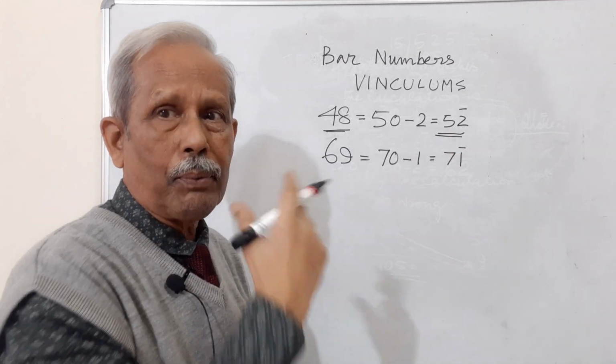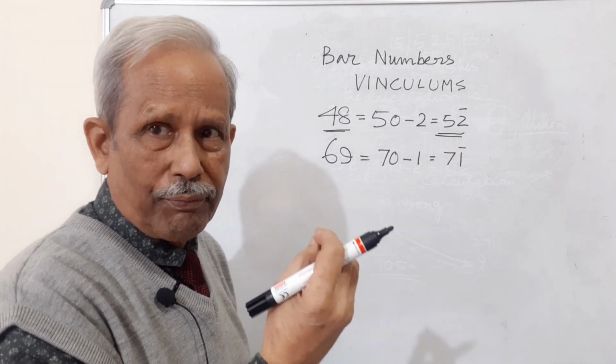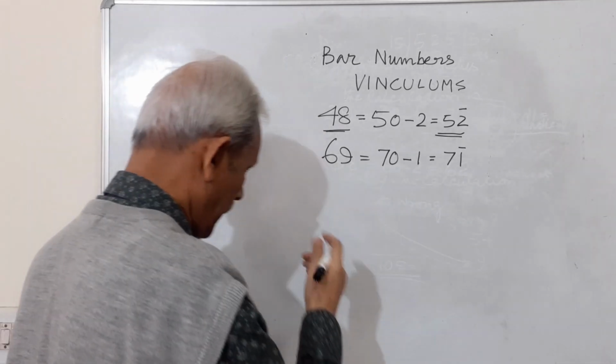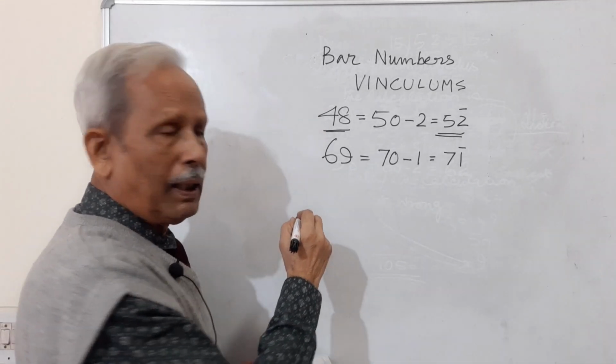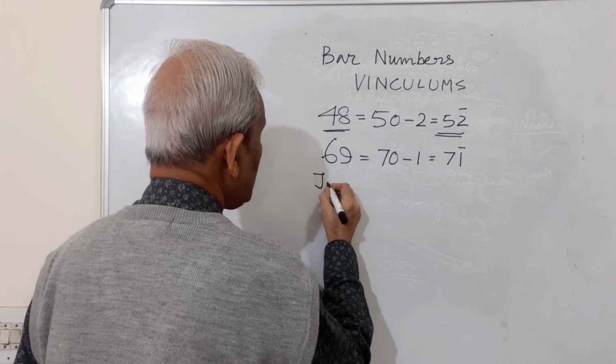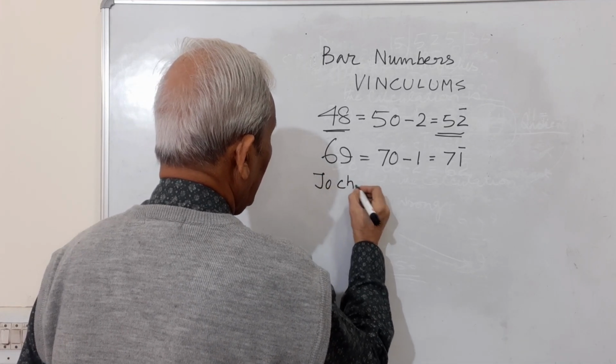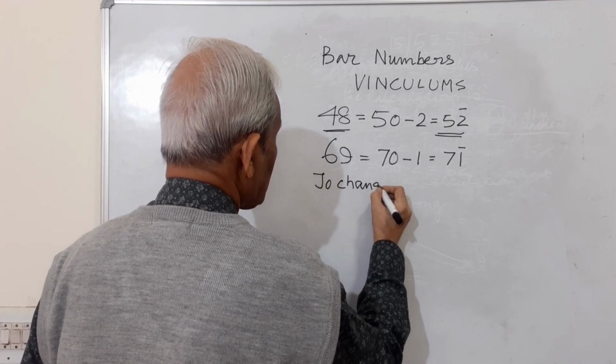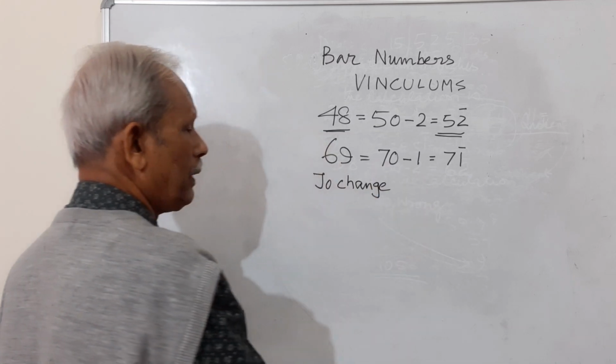I hope you understand. But here, since I am converting this from a normal number to a vinculum or bar number, what is the process? Briefly, what is the process that I should understand to change a digit? You may write down this and follow this every time.